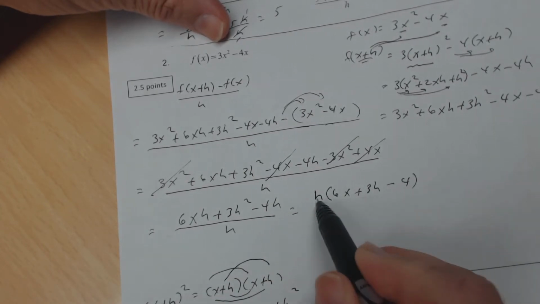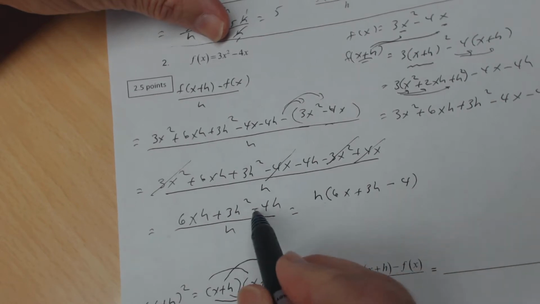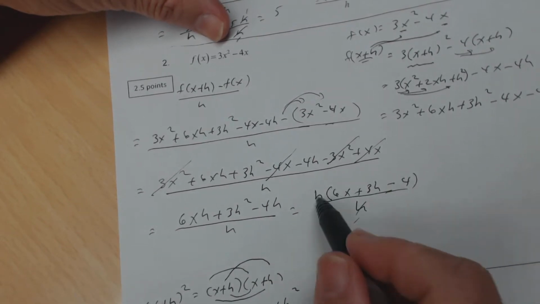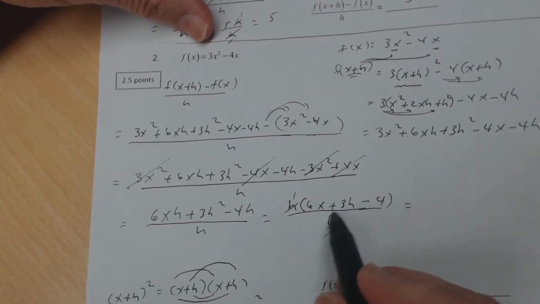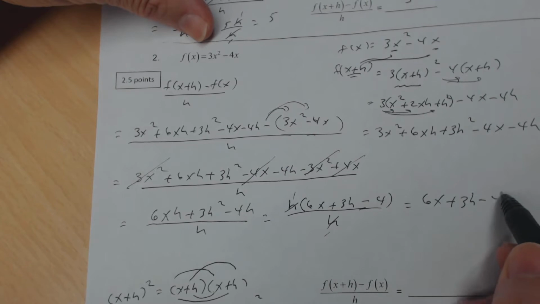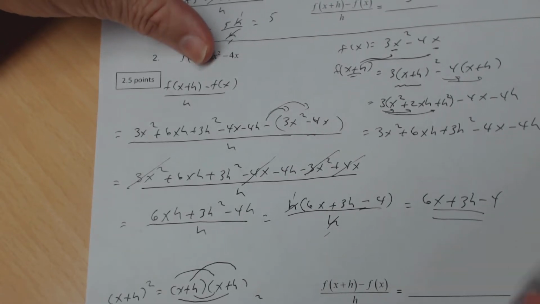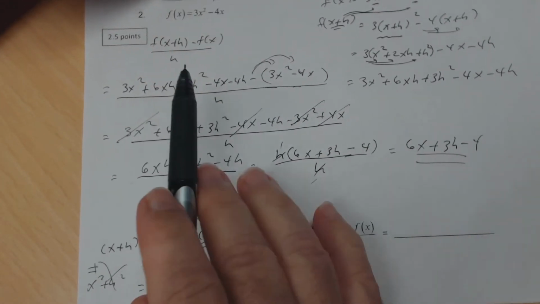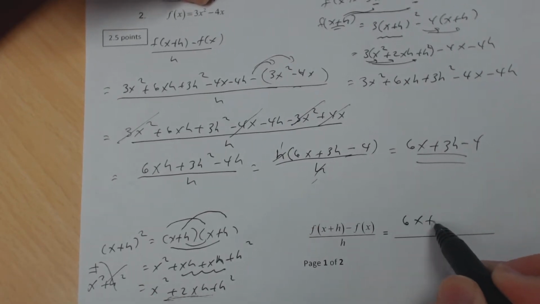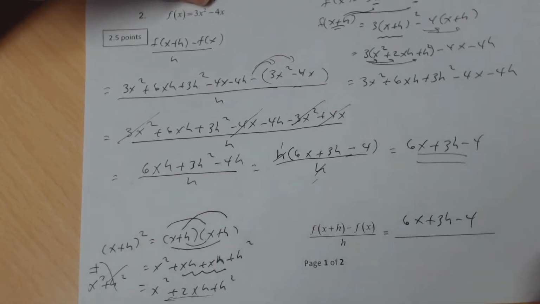And then minus 4: h times negative 4 is negative 4h. All over h. And now divide these out, and you're left with what's in parentheses, 6x plus 3h minus 4. And that's your answer. So that's the difference quotient for this function right here: 6x plus 3h minus 4.